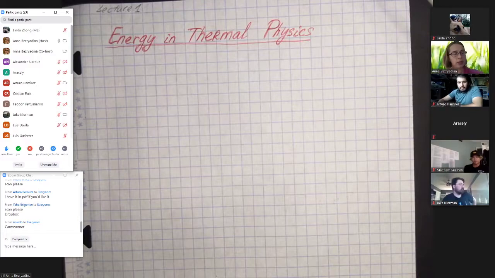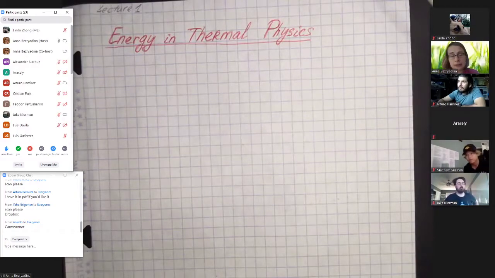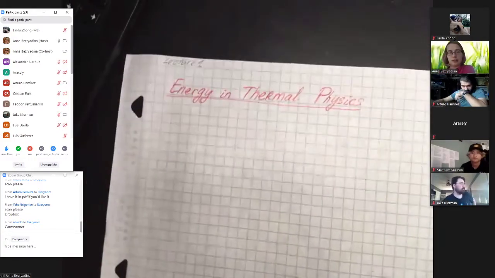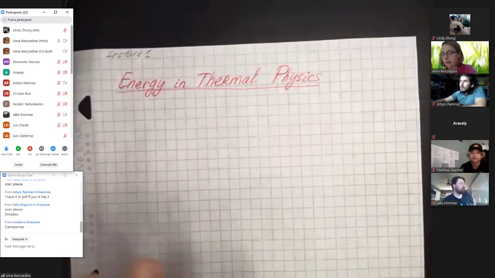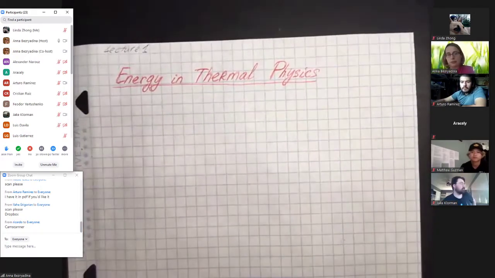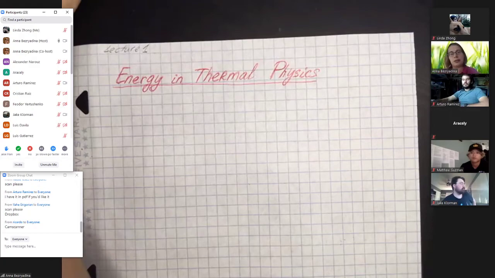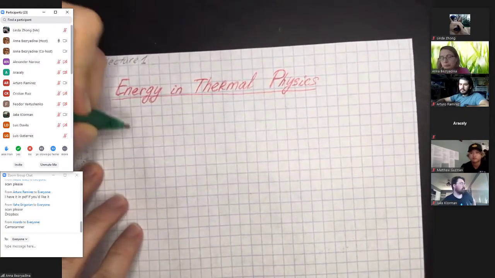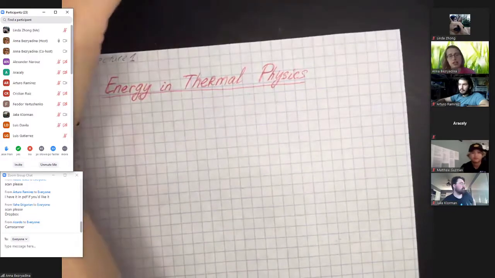Okay. So we'll start with our first big section. It will be energy in thermal physics. And okay, let me adjust. Sorry, I'll just adjust it and prepare it. So we'll have several subsections.